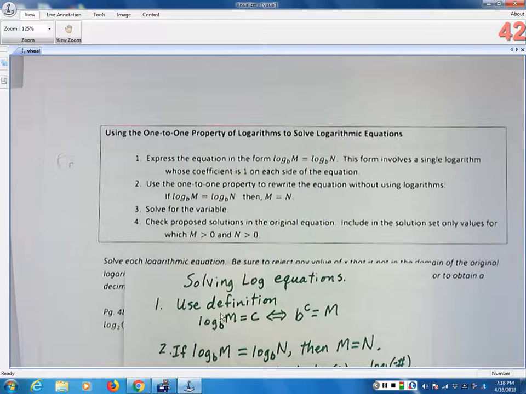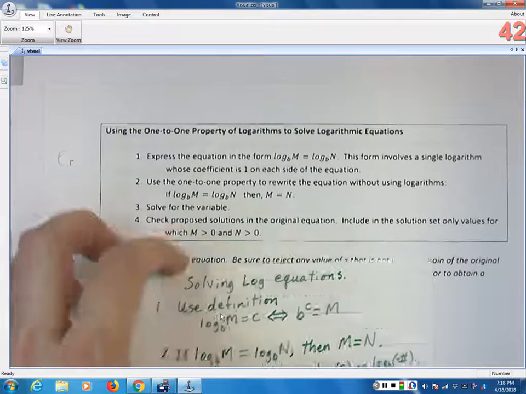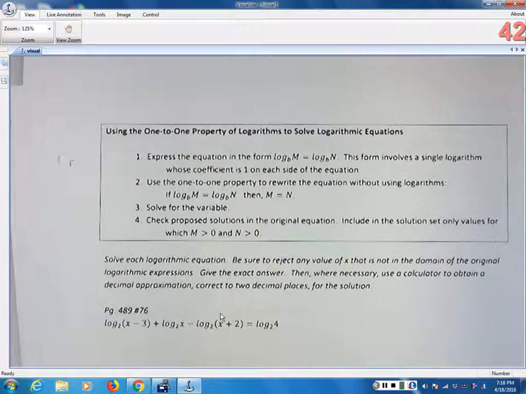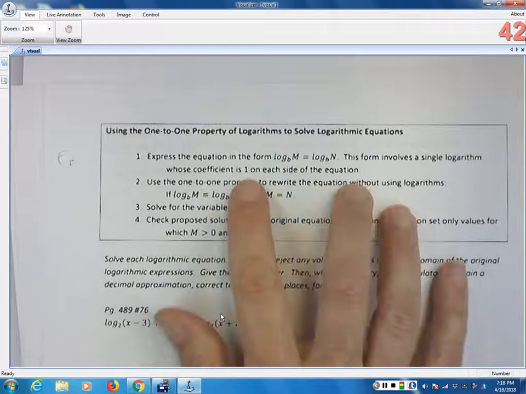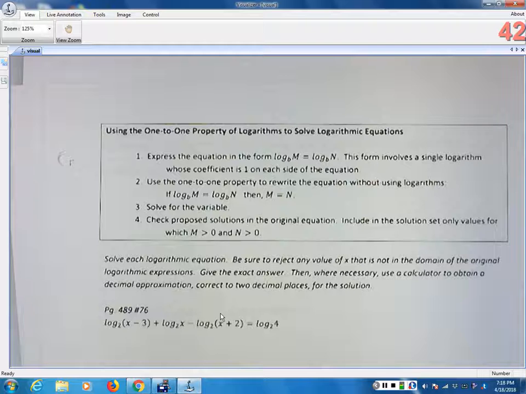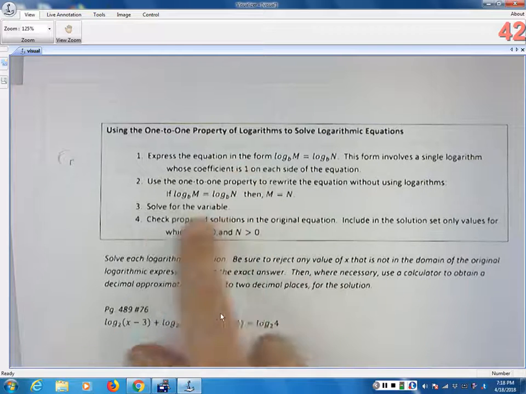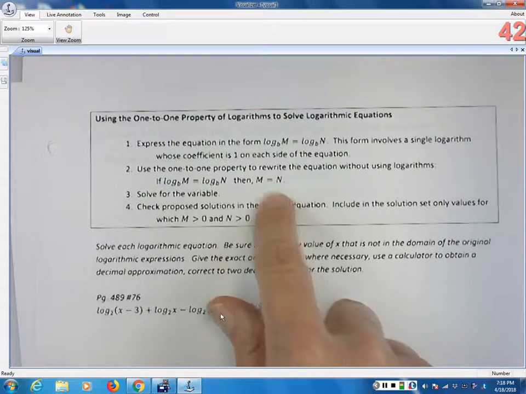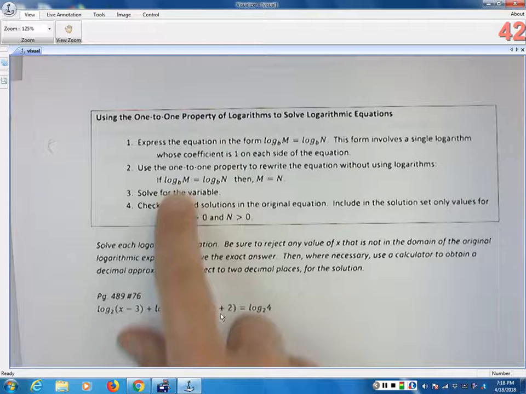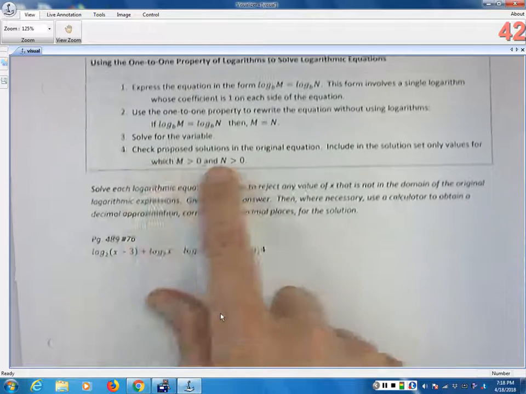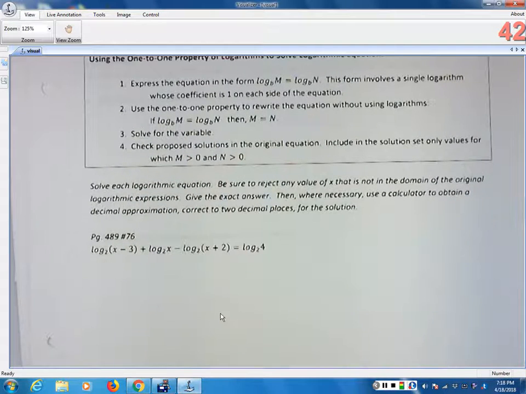All right, so this is what we're doing. That's what all this says. I simplified it. I just told you what it says. Just make sure you have a coefficient of 1. You can use the one-to-one property. You can go this way or you can go the other way. And then you do need to check the proposed solutions in the original equation.